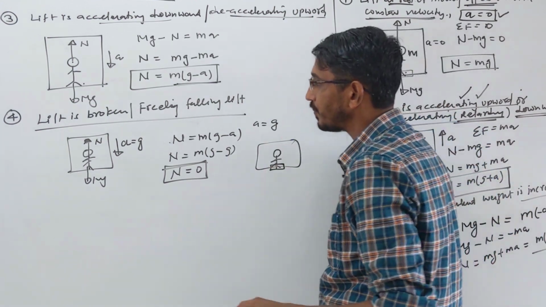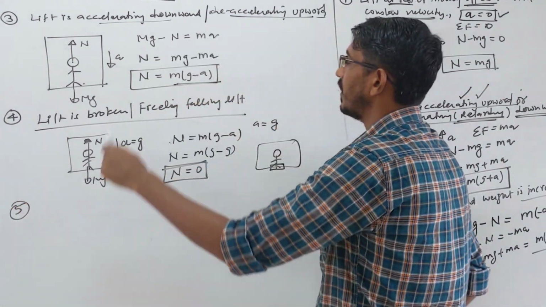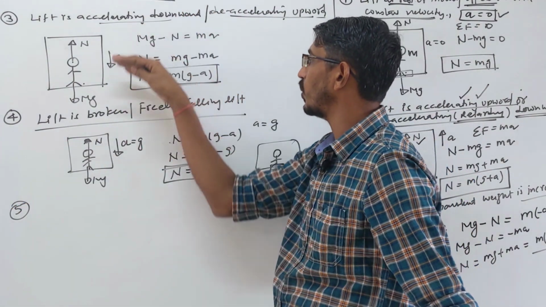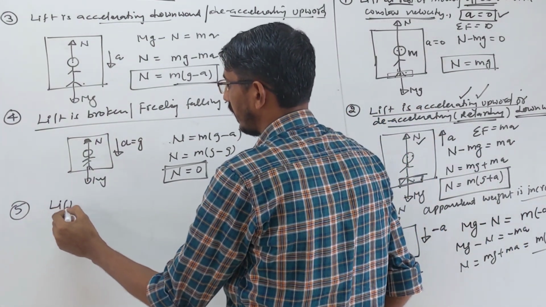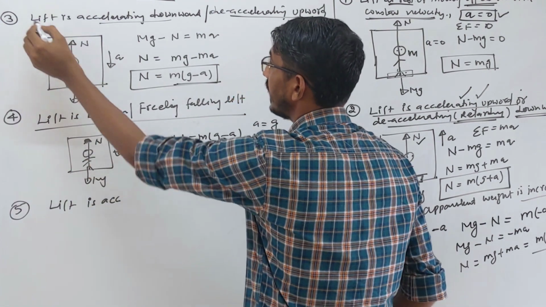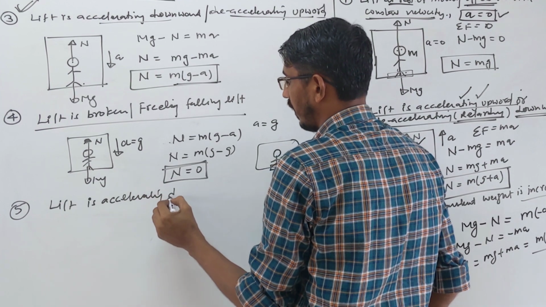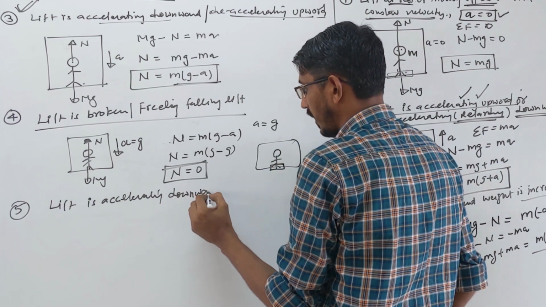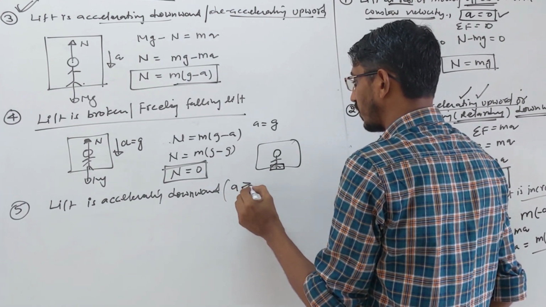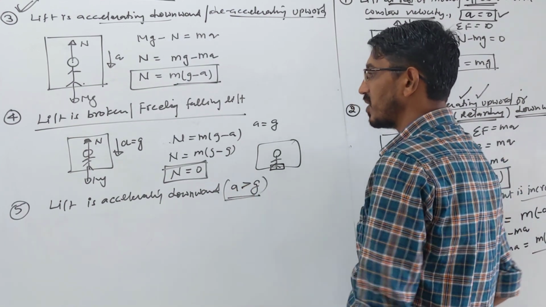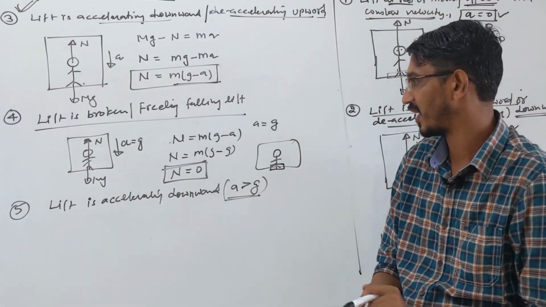Because accelerations are 0. Okay, suppose a very rare case: this lift is moving downward with very high acceleration. Suppose the lift is accelerating downward, but what is given is that the acceleration of the lift is more than g, moving very fast with very high acceleration downward.